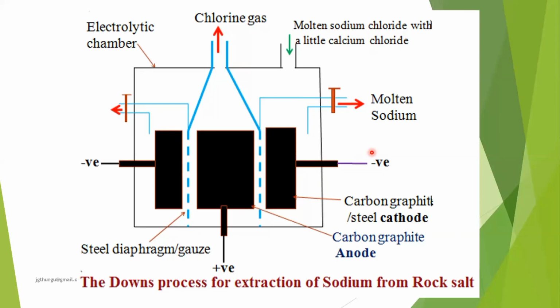Calcium is denser than sodium, so sodium will float on top and calcium will be at the bottom. So as a mix, they will be able to separate because of the density. Sometimes we ask that concept.